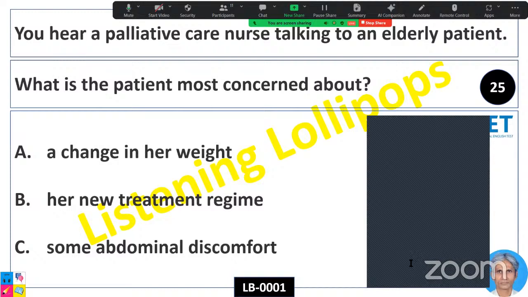Now let us see. Palliative nurse is talking to an elderly patient. What is the patient most concerned about?